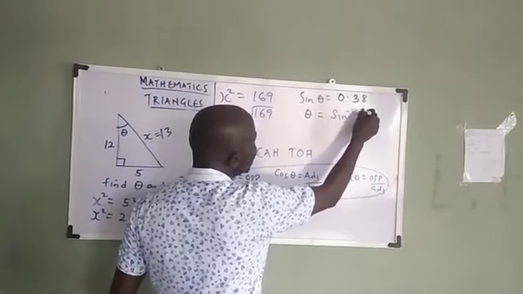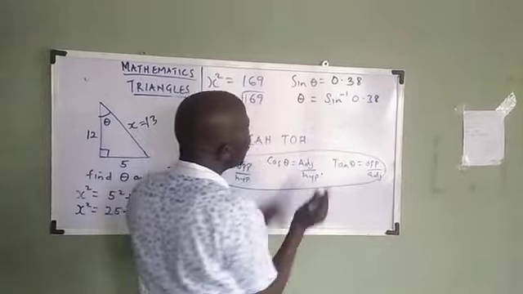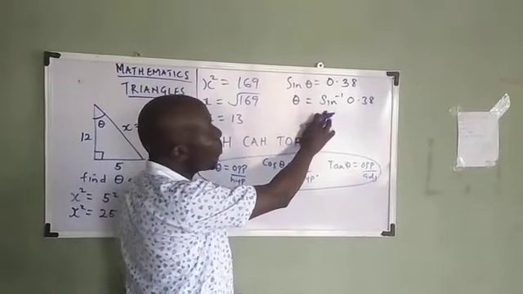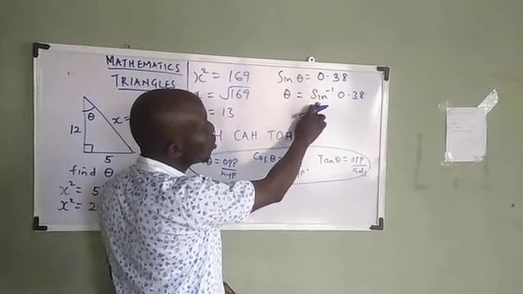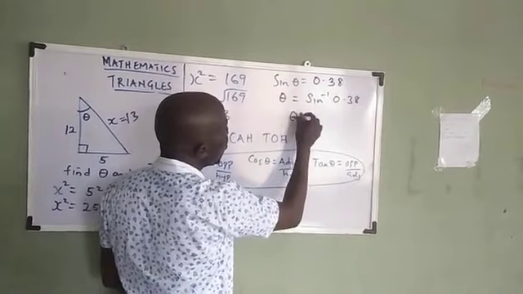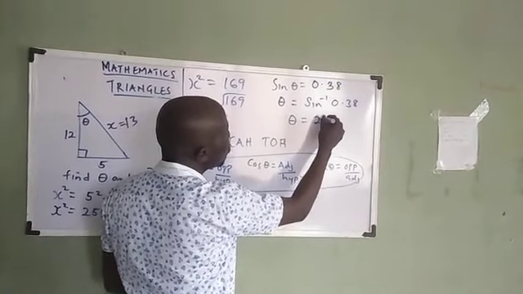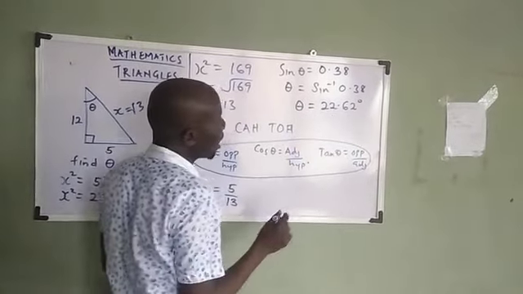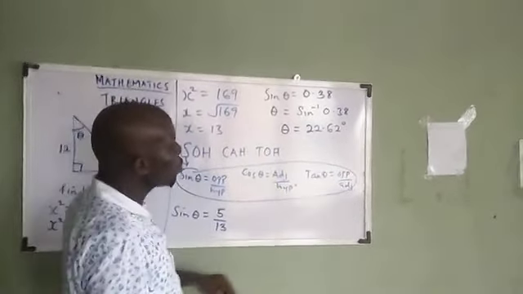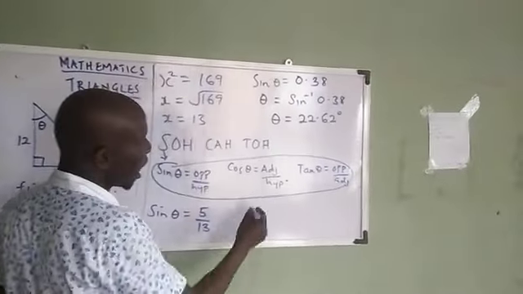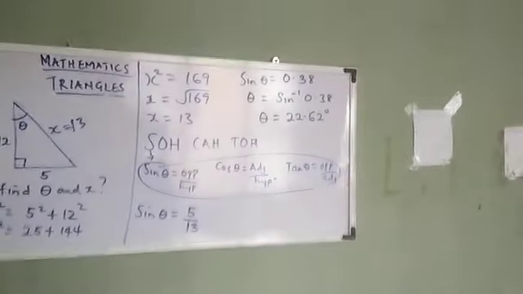Our theta will now equal sine inverse of 0.38. If you want to press this on your calculator, you press shift before pressing sine. So you now type 0.38. 22.62 degrees. Are you getting it now? If you actually want to check if this is correct, we can also use tan theta. What is tan theta now?